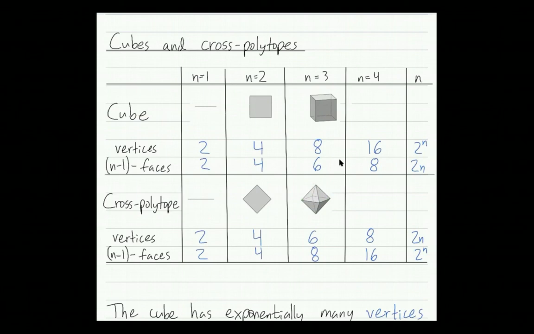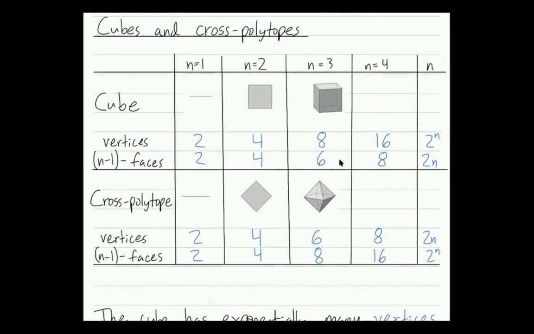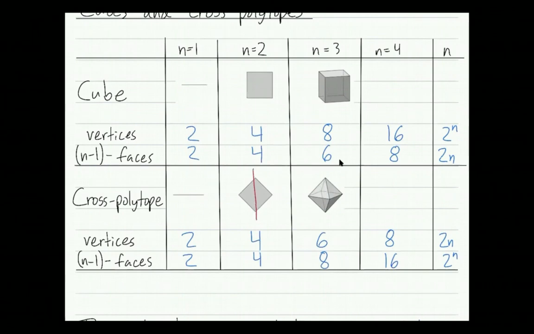Let me give you 2 explanations of that. One explanation is that the faces correspond to the quadrants or the octants. So in 2D, the cross-polytope has 4 faces because there are 4 quadrants in the plane. And then in 3D, the cross-polytope has 8 faces, 1 for each octant.